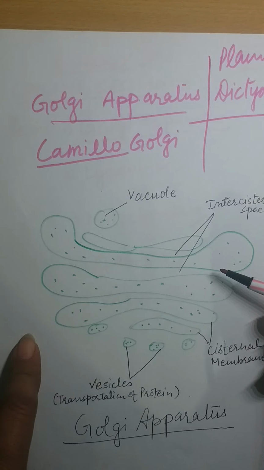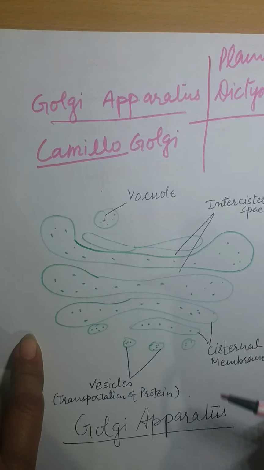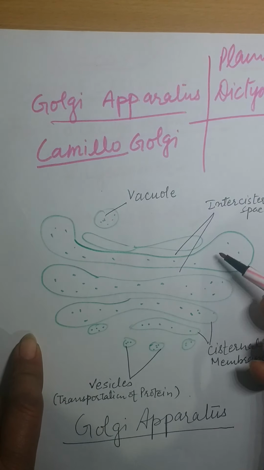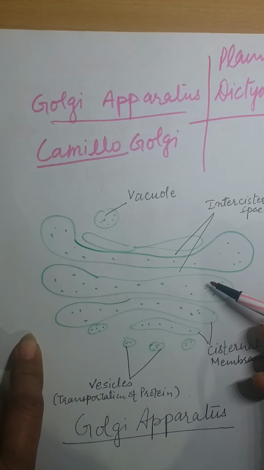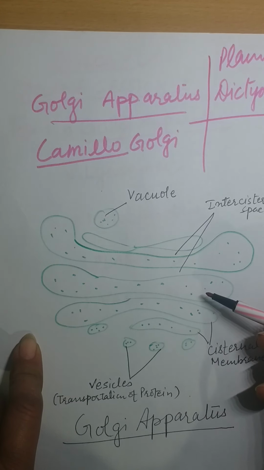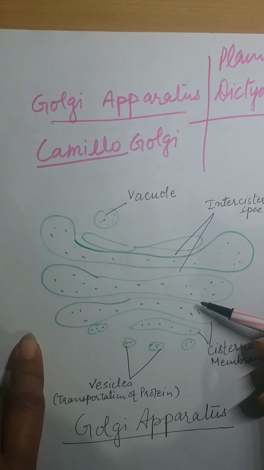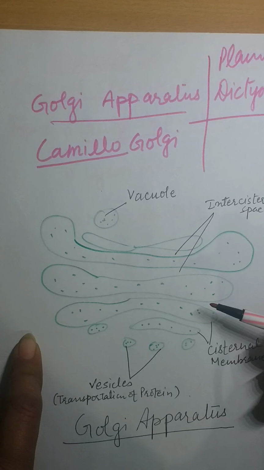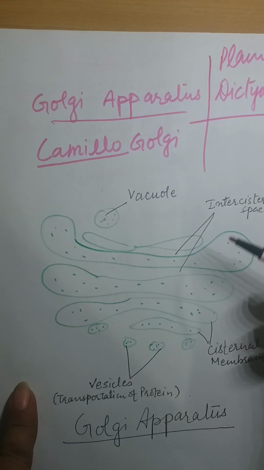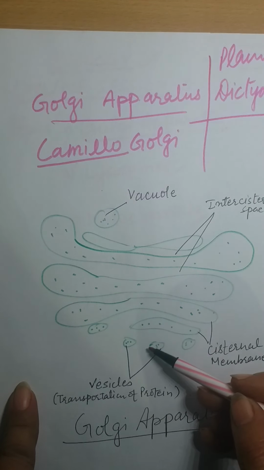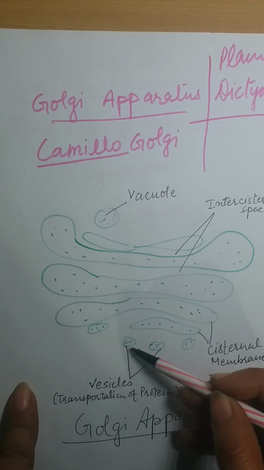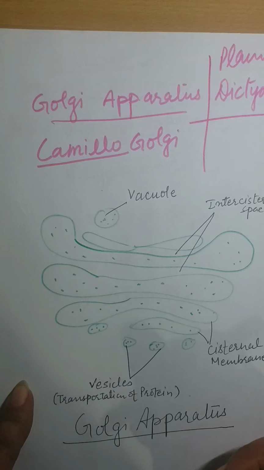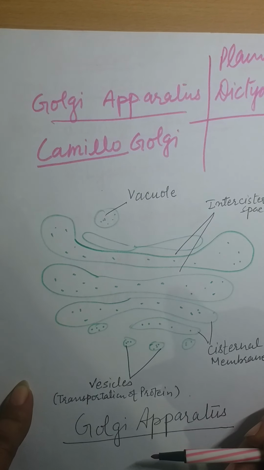Golgi apparatus has one more function. When they receive the protein from the endoplasmic reticulum, they modify this protein by adding some carbohydrate to it or some other materials. After that, they are packed. The target is already decided, and they dispatch the modified protein in the form of vesicles to various targets within the cell or outside the cell.